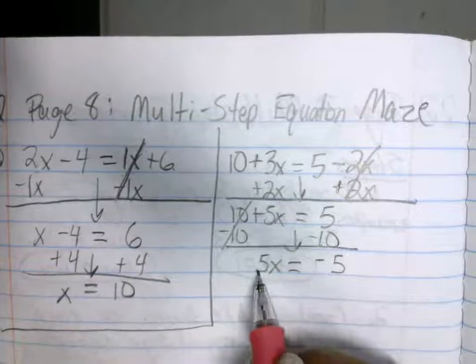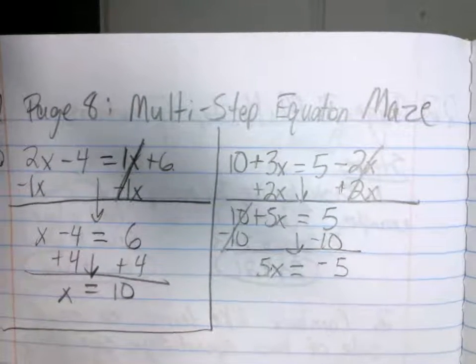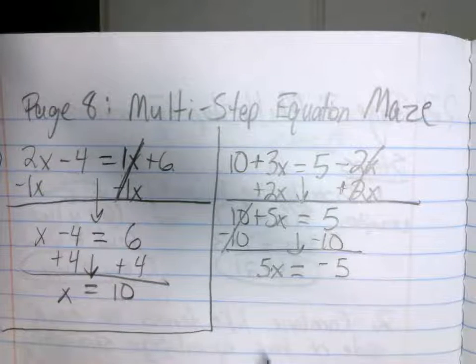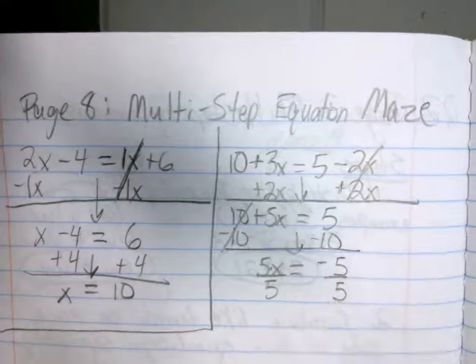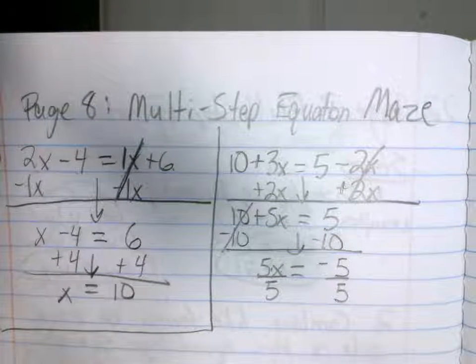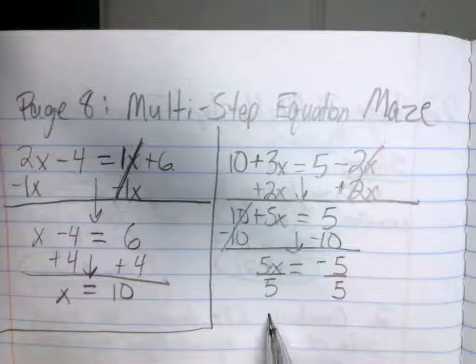The operation between 5 and x is multiplication. The opposite of multiplication is division, so we're going to divide both sides by 5. 5 divided by 5 is going to give me 1x or just x.